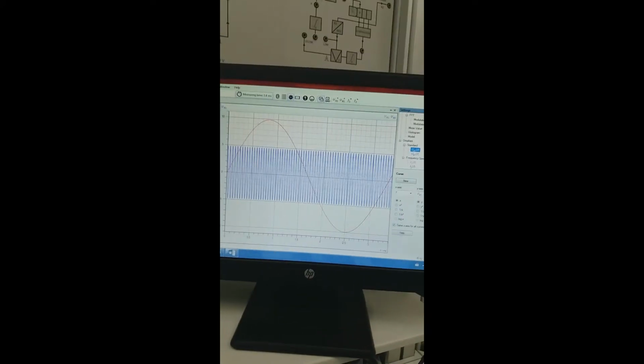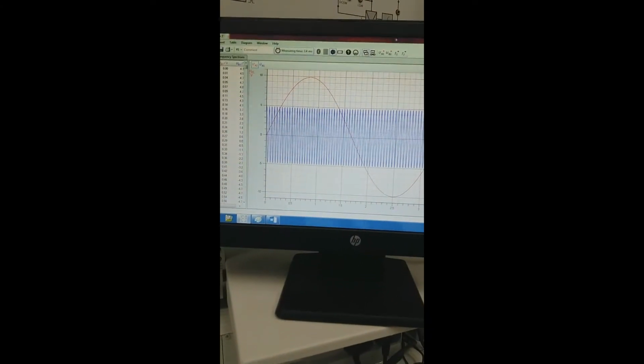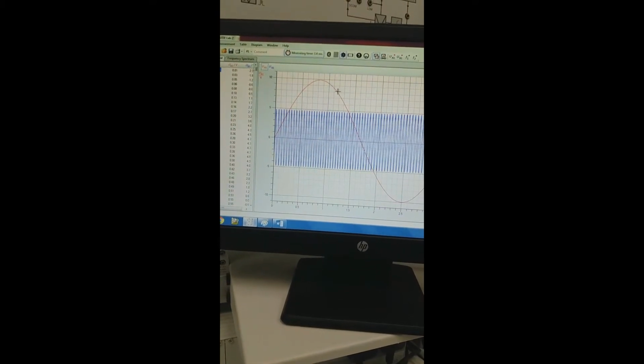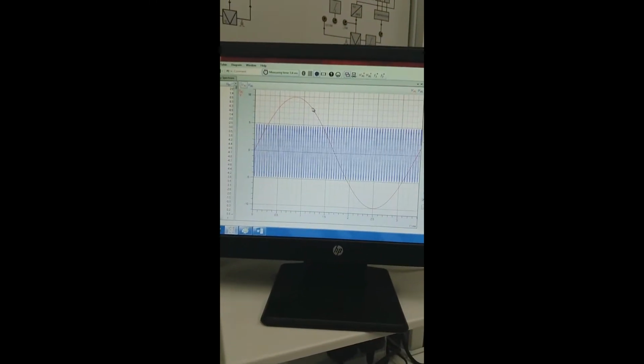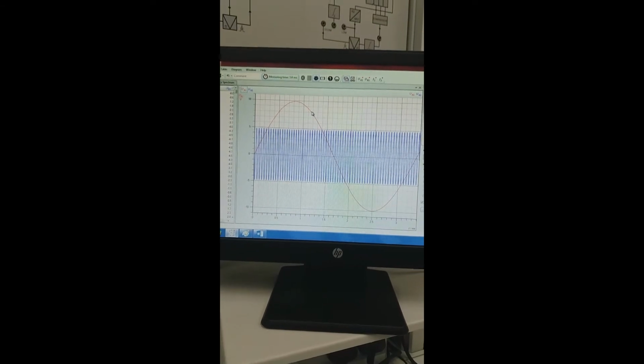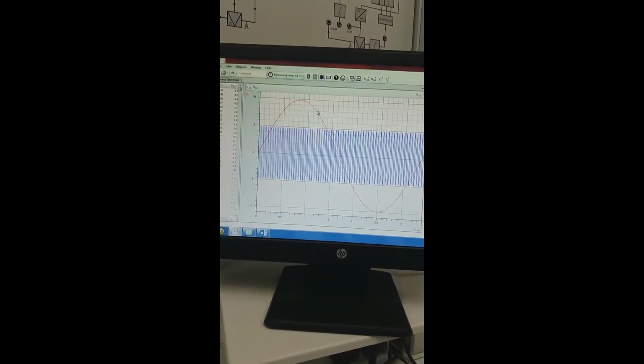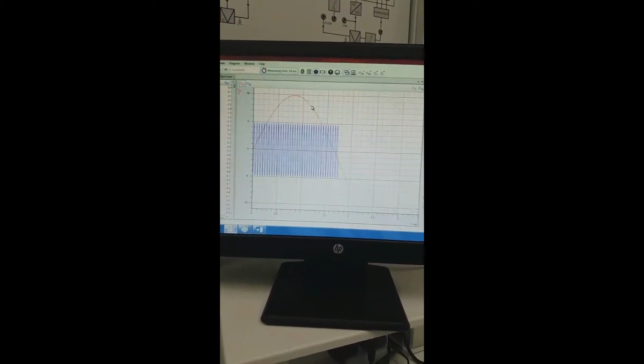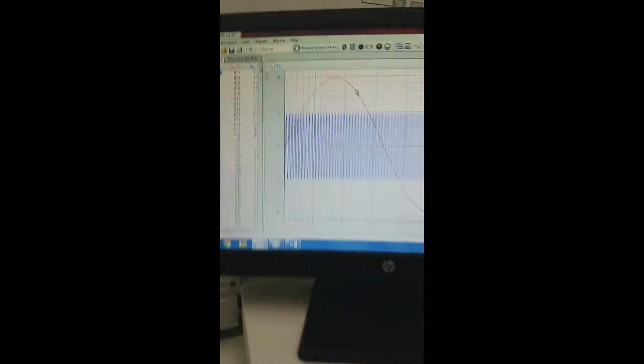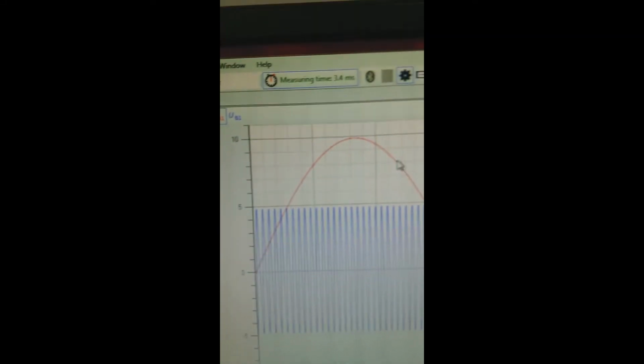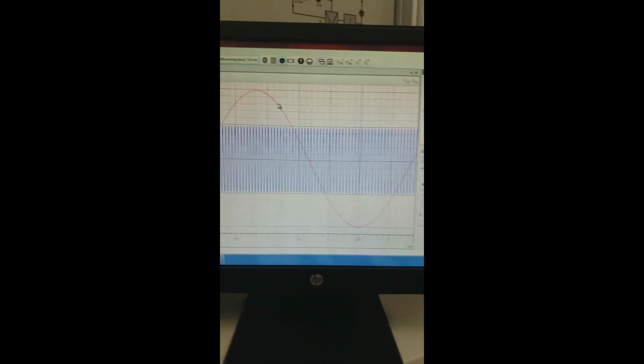If you move to the computer screen, here you can see the red curve is the baseband signal or modulating signal, having a frequency of 300 Hertz, and you can see that the peak voltage is 10 volts and peak to peak voltage is 20 volts.